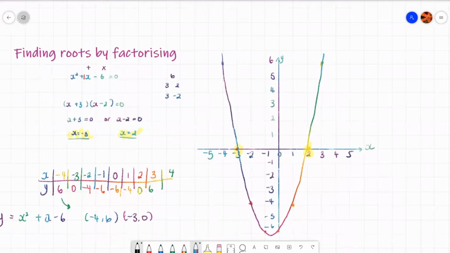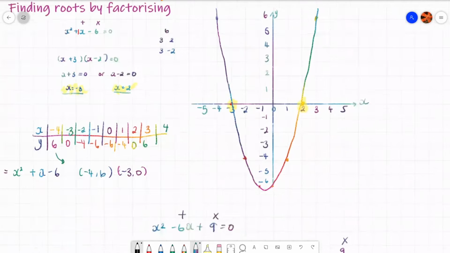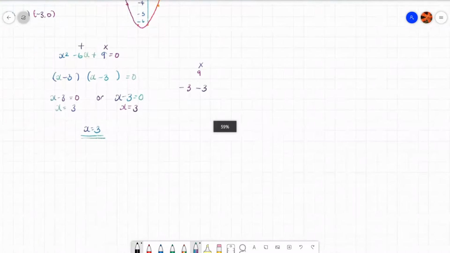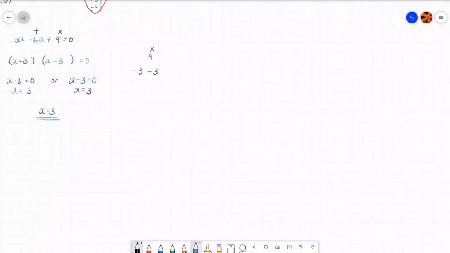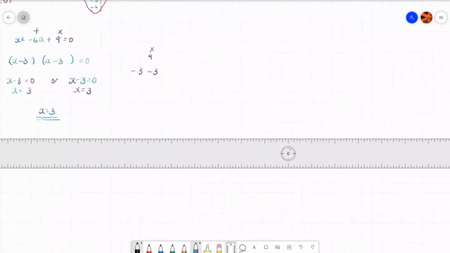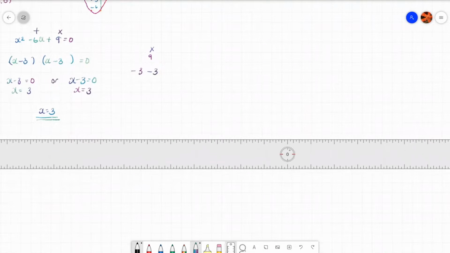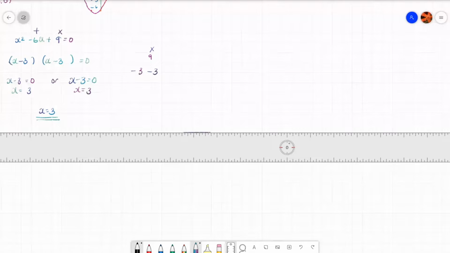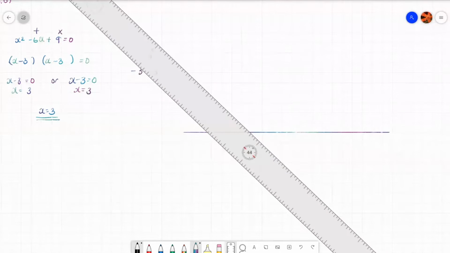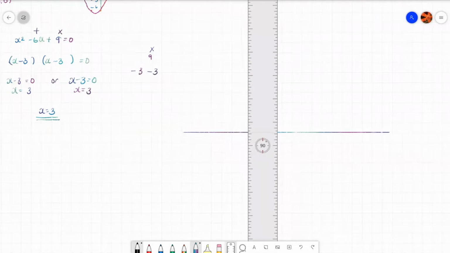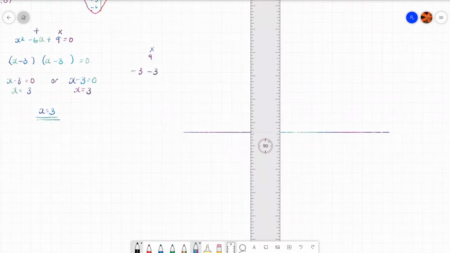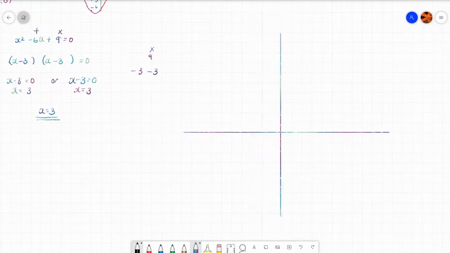Previously here, we had two answers. So your graph crossed at 2 places. Now you've only got 1. Let's have a look by drawing, just so you can see that it actually works. So I'm just going to draw myself the x-axis first. Then my y-axis. Okay, 0, 1, 2, 3, 4, 5.